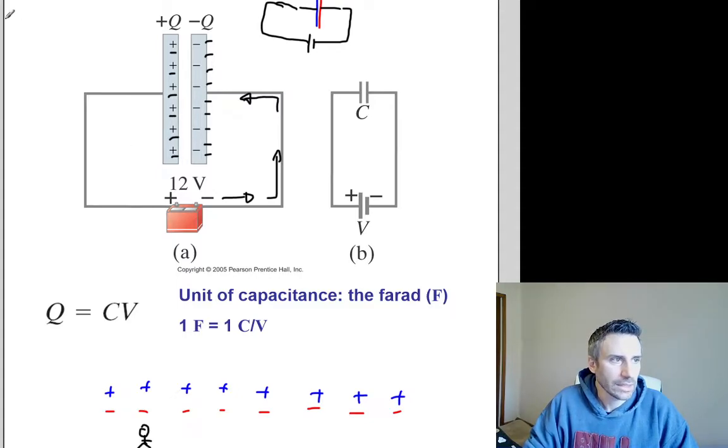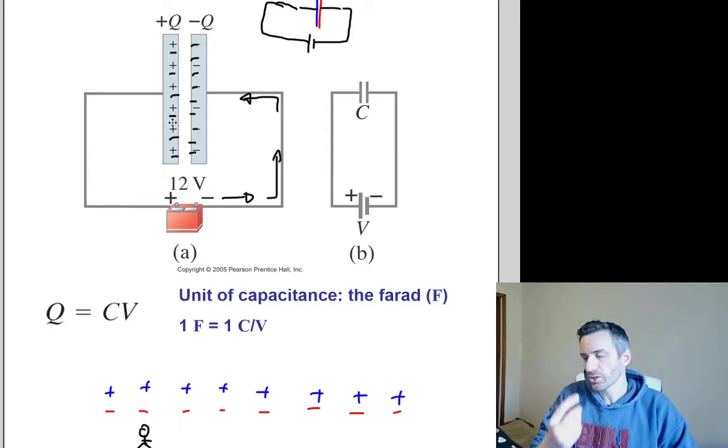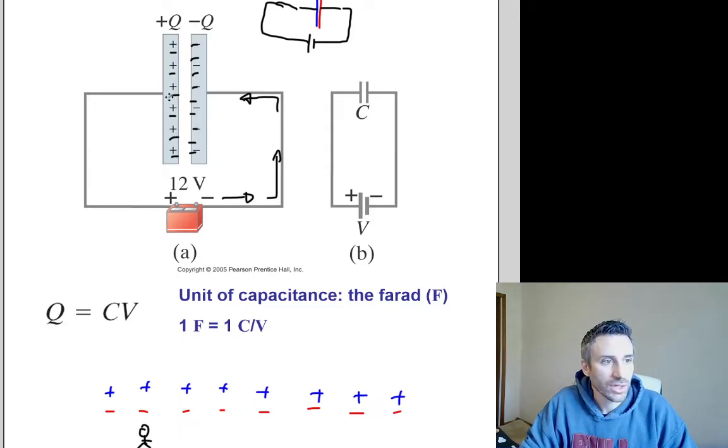Any electrons that are on the other plate, don't they get repelled, right? So there's a collection of electrons that are here on this plate. And as they build up, because these two plates are fairly close to each other, the electrons that are on the other plate will be repelled, and they'll move down the line.